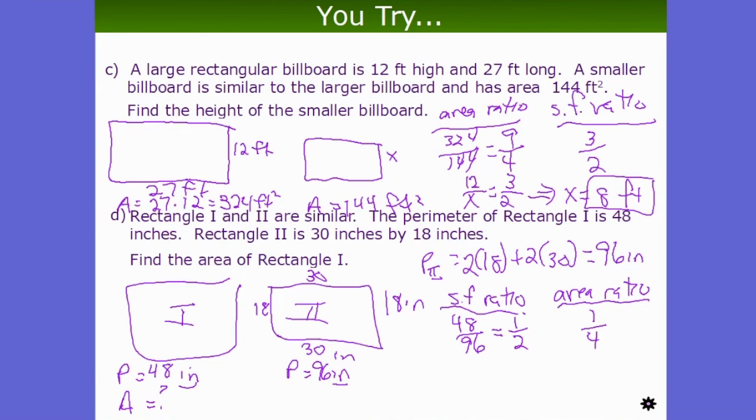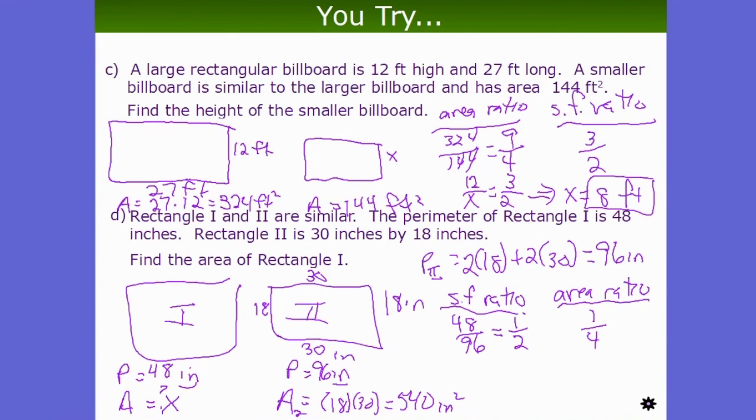So I need to find that one's area. I guess I need to find this one's area too, right? But I can because the area of number 2 will just be 18 times 30, which is easy enough to find, 540 square inches. So now that I have one of the areas and I know the ratio, I can figure out what this one is.